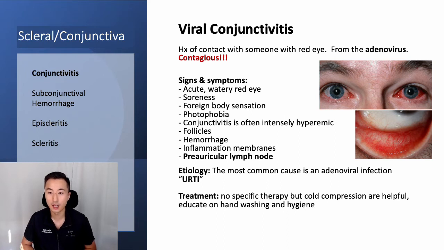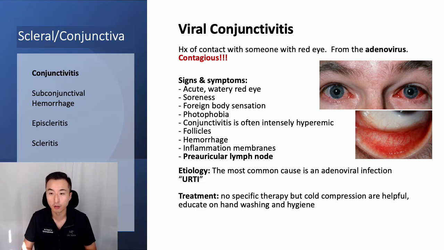Because many times in the eye clinic, you're seeing these patients undifferentiated. You don't know what type of red eye they have, and it's your job to figure it out. And so documenting whether they have a lymph node here is helpful in narrowing down what you think is going on. So this is viral conjunctivitis, super contagious, and there's no specific therapy.